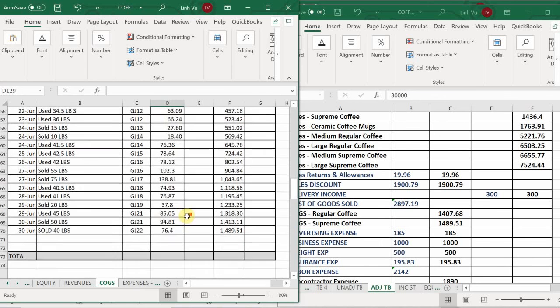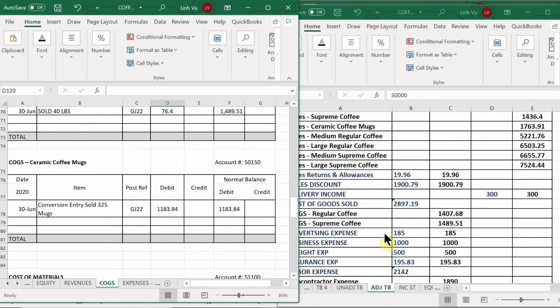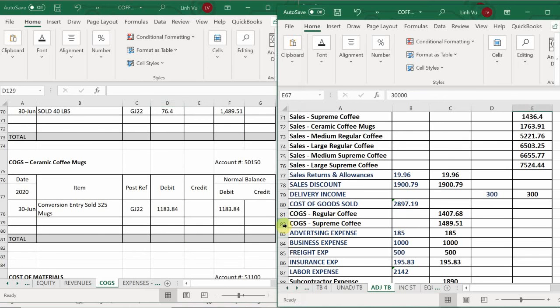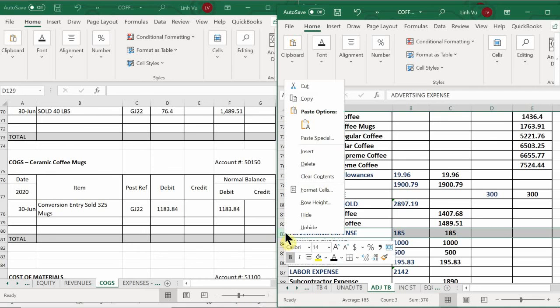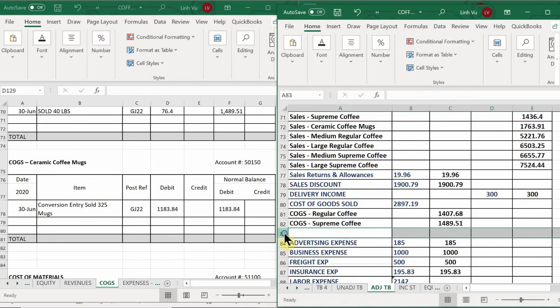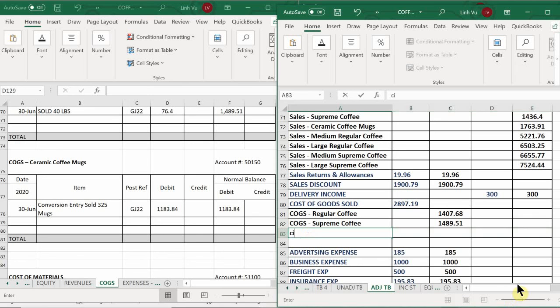So we have one additional account in here: the cost of goods sold for the ceramic coffee mugs, for 1,183.84.